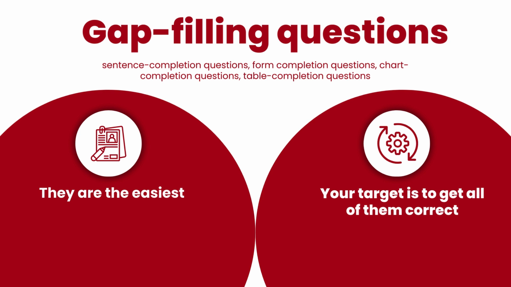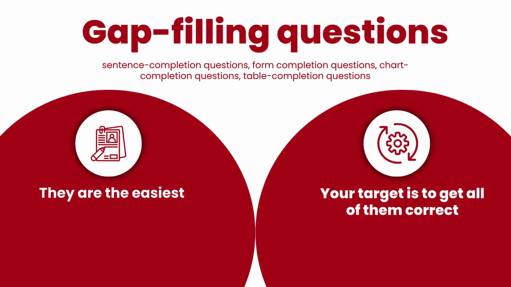In other words, you are not using words in the passage to fill the gap. Rather, you are using words in a box. So you're going to have the questions with gaps in them, and then you're going to have a list of words in a box. So your job is to pick words from the box to fill the gaps. Then you have other formats. You have what you call form completion questions.